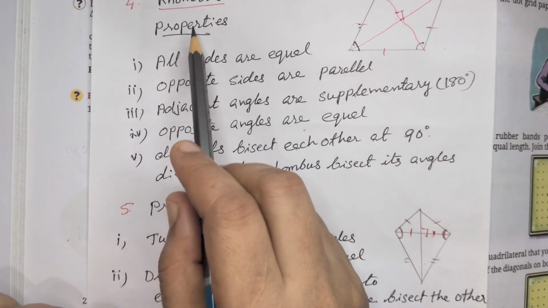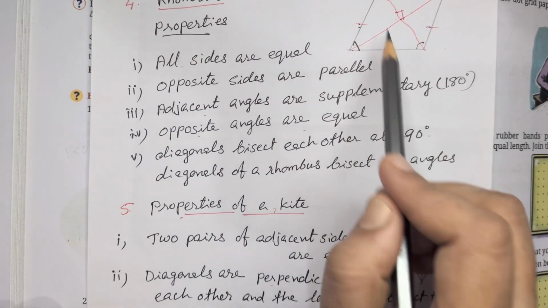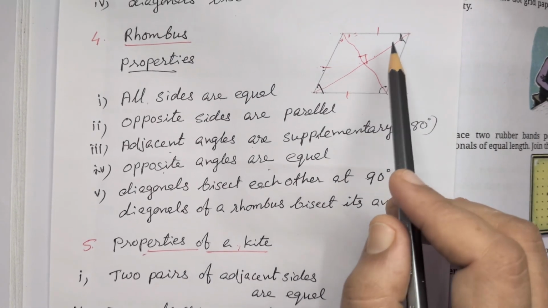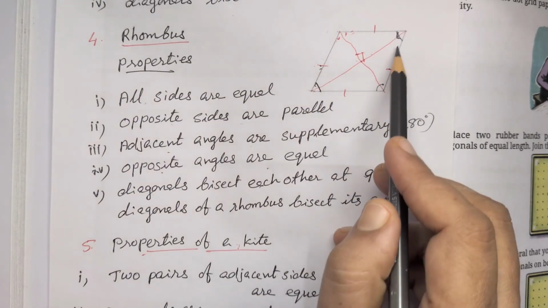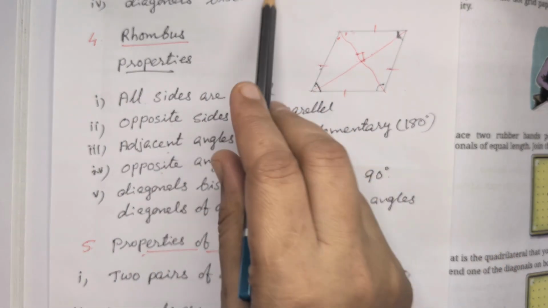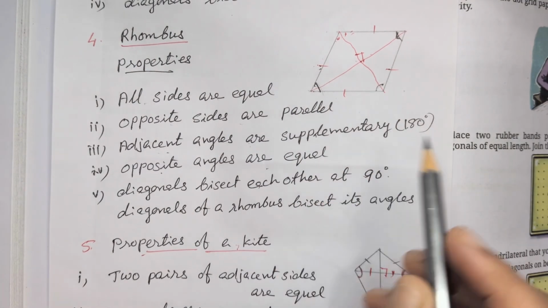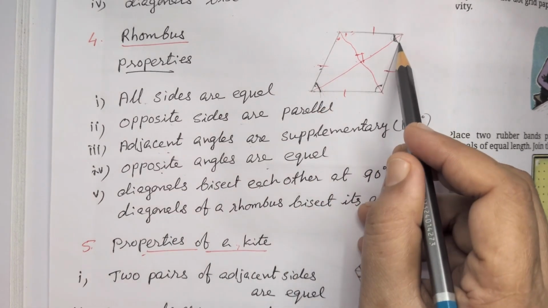Rhombus with properties here, all sides are equal. All four sides are equal in length. And opposite sides are parallel. These two sides are parallel. Adjacent angles are supplementary, same as the parallelogram. Here also adjacent angles are 180 degree. Opposite angles are equal.